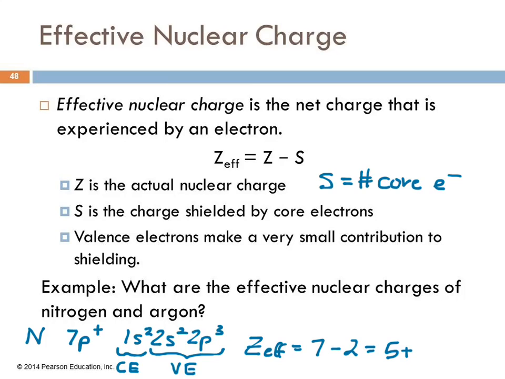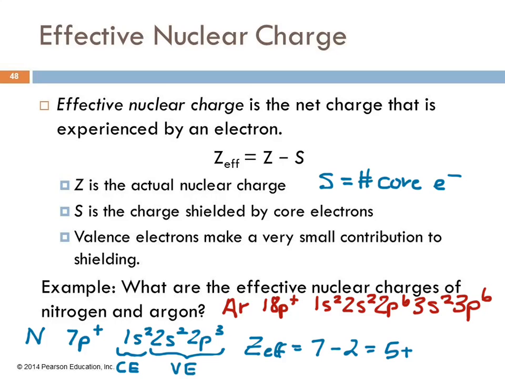Now what about argon? How many electrons does argon have? 18. So argon, it's got 18 electrons, it's got 18 protons. So it's going to be 1s2, 2s2, 2p6, 3s2, 3p6.